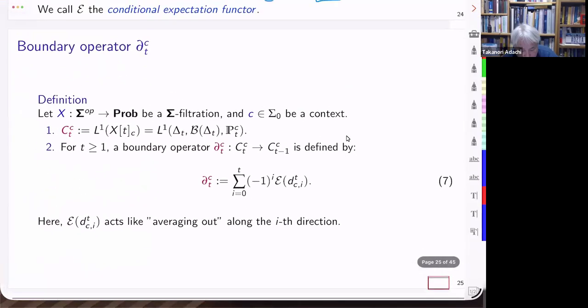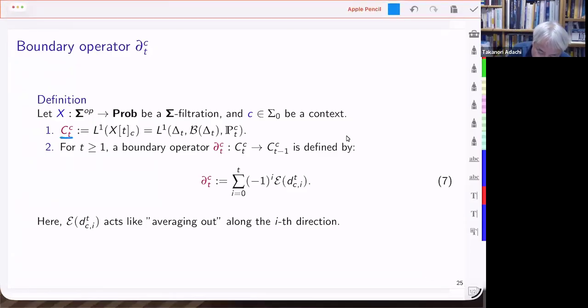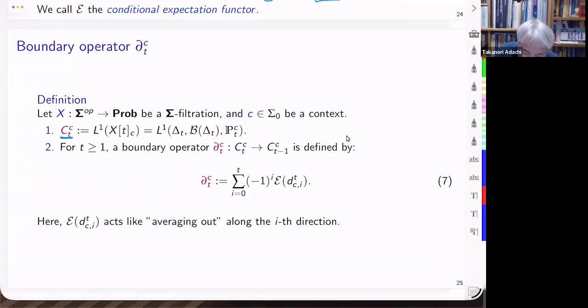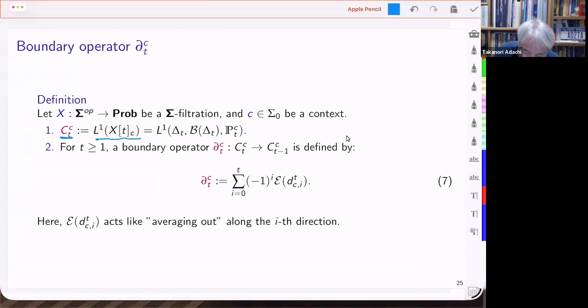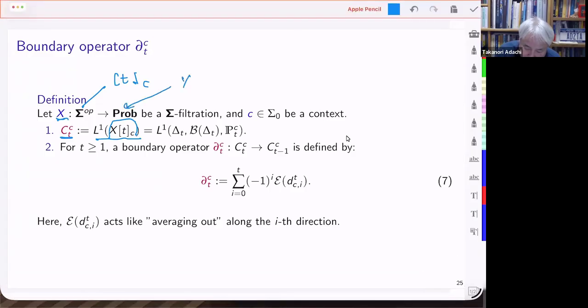So the boundary operator delta_t^C is defined on C_t, which is just the set of random variables. Remember X is the filtration, and t and C are inside here. This is a time with context, and for each time and context we have some probability space.